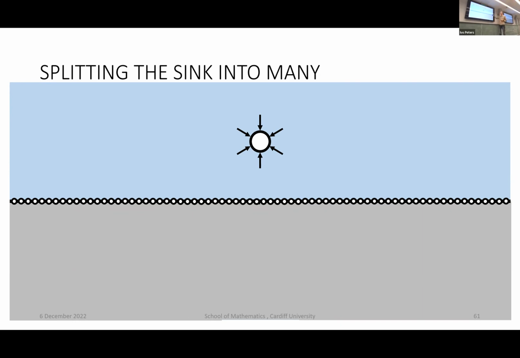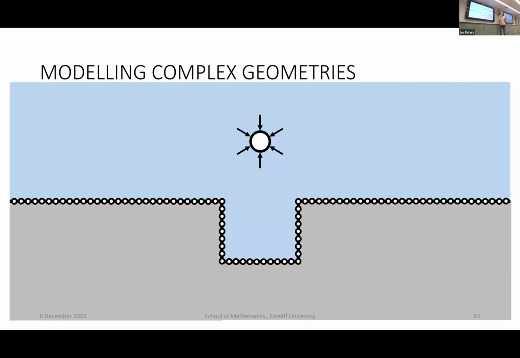In this way you can very well approximate the scenario that we had before with just one image sink, only much more complicated. But this has, of course, the advantage that once you do this, you can adjust this for any geometry that you want.